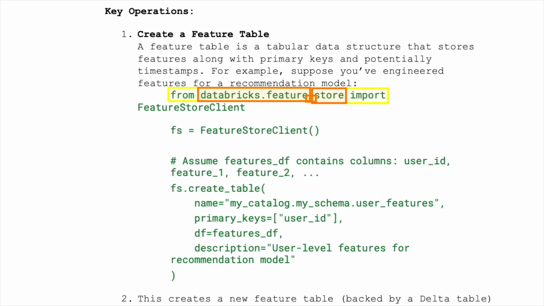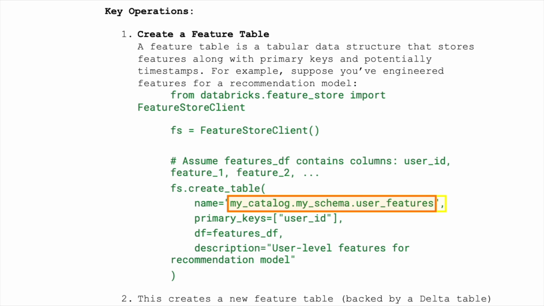from databricks.feature_store import FeatureStoreClient; fs = FeatureStoreClient() # assume features_df contains columns user_id, feature_1, feature_2. fs.create_table(name="my_catalog.my_schema.user_features", primary_keys=["user_id"], df=features_df, description="User-level features for recommendation model").